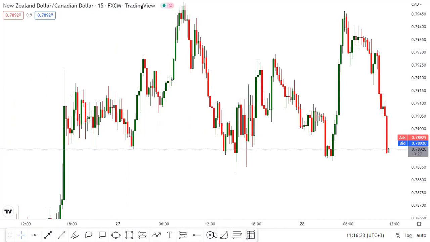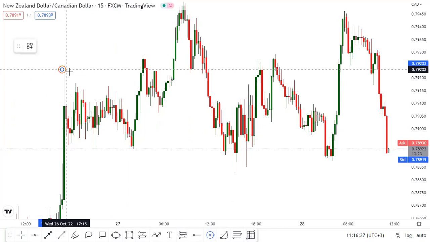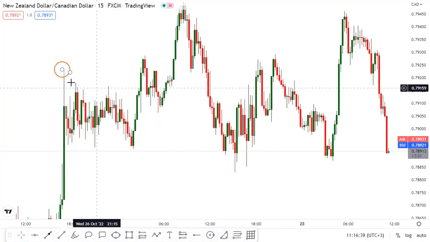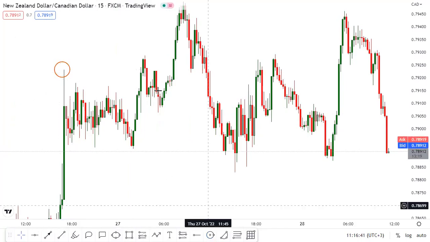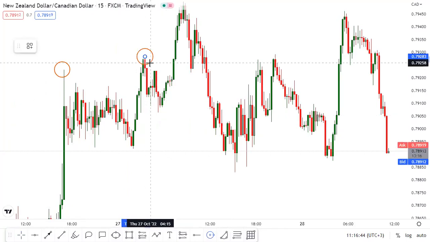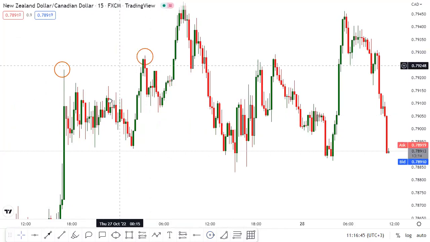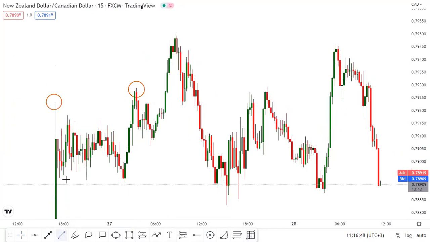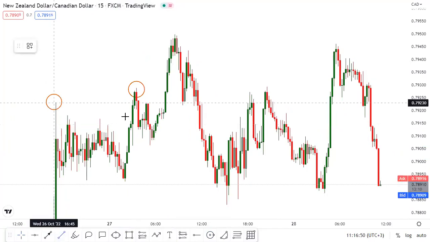Let me draw it well. This point here was our high, and this one also was our high, because it has broken the market here. We have created a break of market structure here. You can see a break of market structure occurred here.